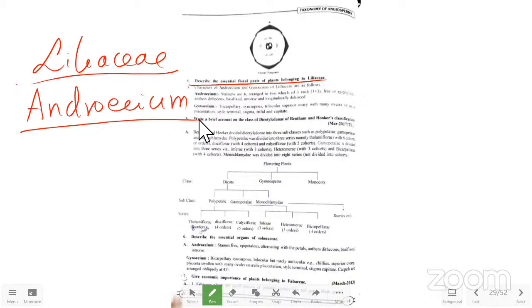Now comes the description of the androecium. Androecium means stamens, the male sex organs in the flower.